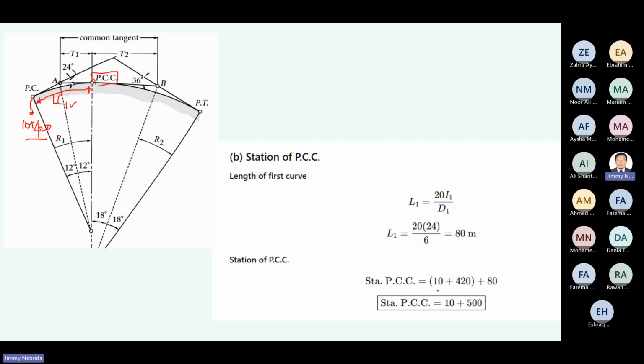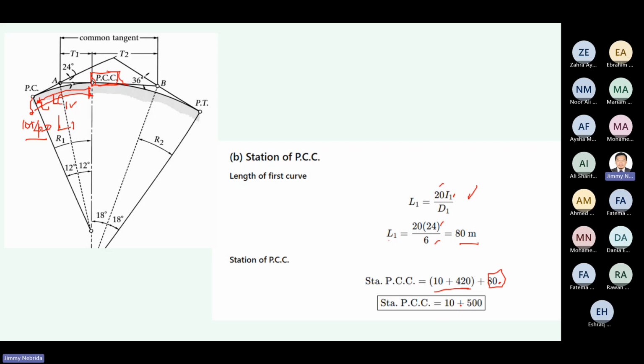That is why you have here the calculated length of curve, L1. LC1 or L1 is fine. This is the formula. 20, I1 is 24. We can have the length of curve, the first, going here. We can locate PCC. 420 plus 80 is 500.